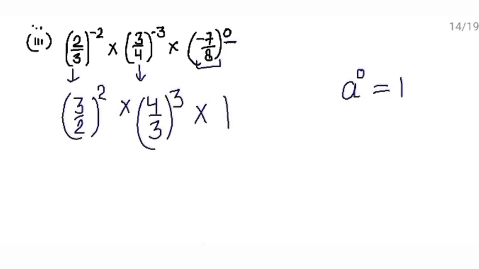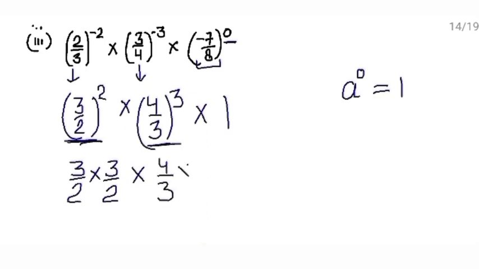Clear? Now 3 upon 2 raised to the power 2 means 3 upon 2 will be multiplied by itself how many times? 2 times. Multiply 4 upon 3 raised to the power 3 means 4 upon 3 will be multiplied by itself 3 times because the power is 3. Multiply 1.